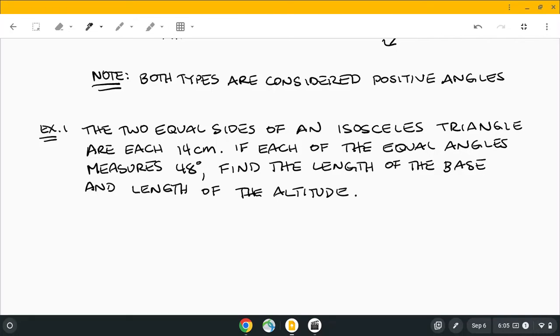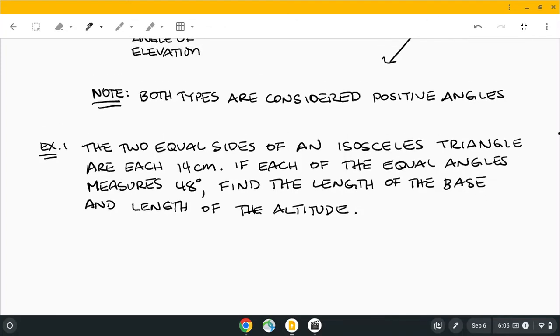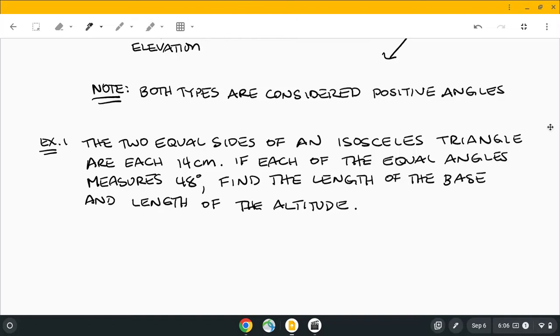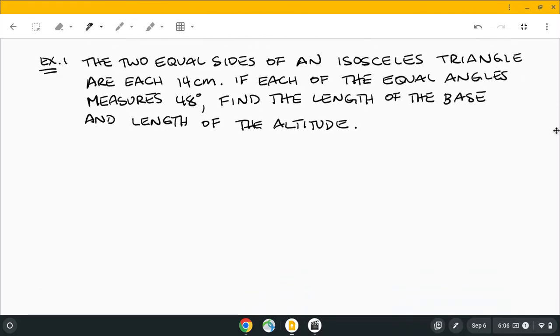Okay, so the two equal sides of an isosceles triangle are each 14 centimeters. If each of the angles measures 48 degrees, find the length of the base. Okay. So once again, it helps to make sure that you draw these situations out. Let's go ahead and draw an isosceles triangle here.